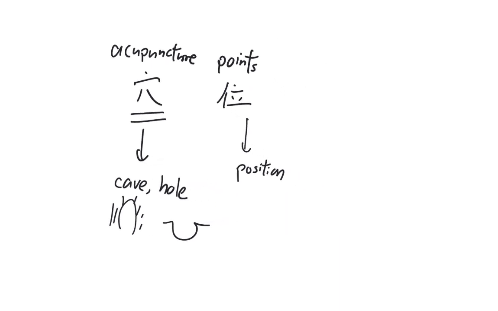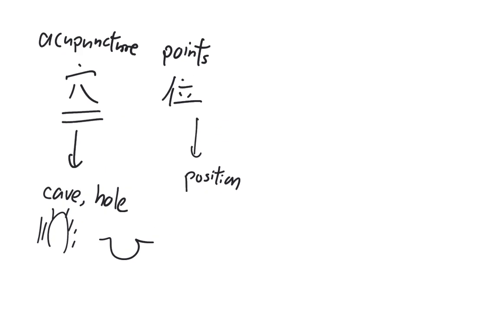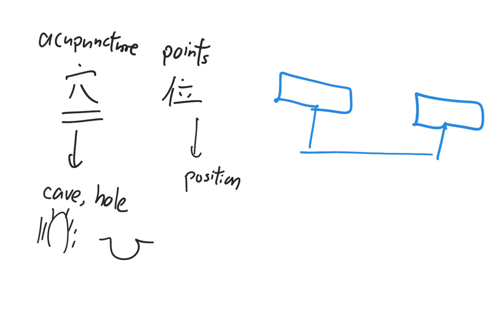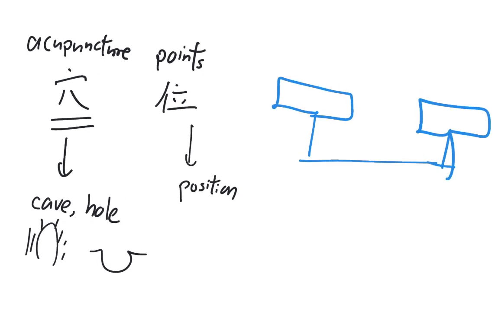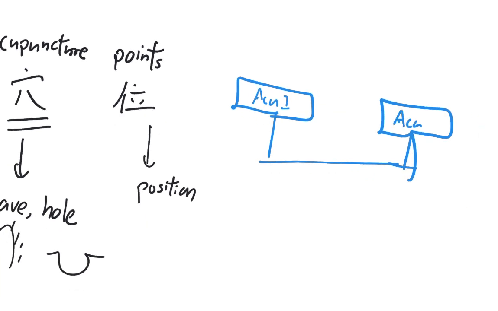Another way to look at acupuncture points is like this. We can look at it through our Sydney train system, where we have stations, let's say Campbelltown, Chatswood, Strathfield. These are stations, and acupuncture points are the stations themselves. We also have trains.